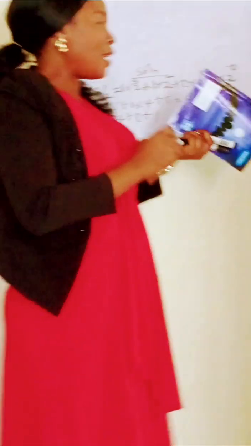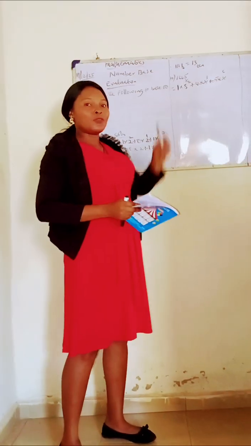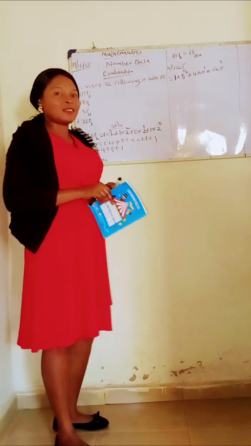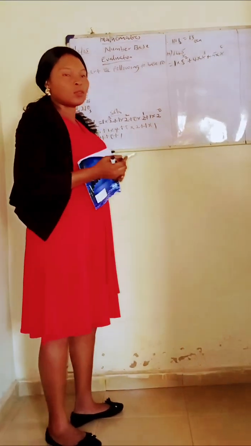So that is why I said earlier that once you have gotten your first power, know that it's moving in descending order, to make it easier for you to get your power. So you move in descending order till you get to 0.